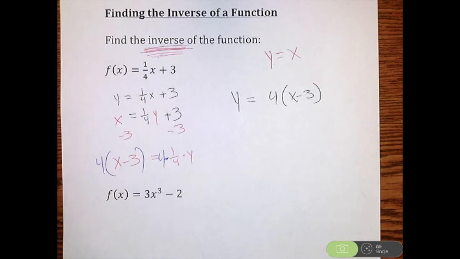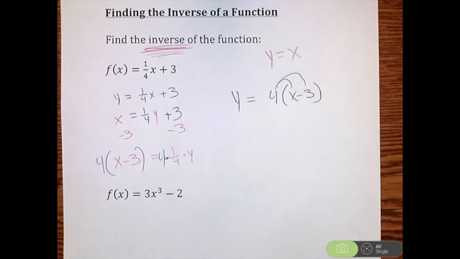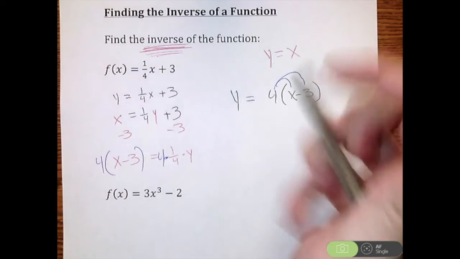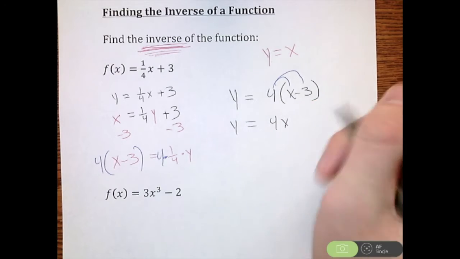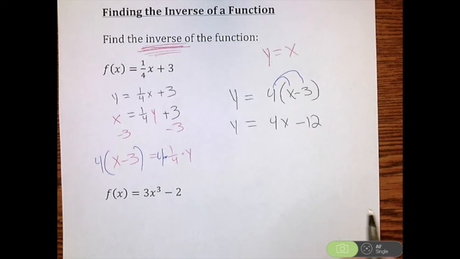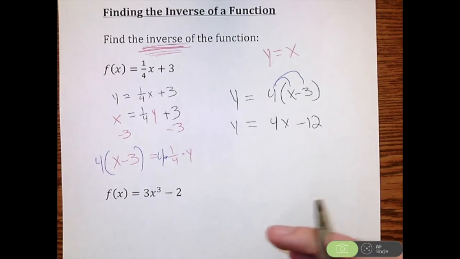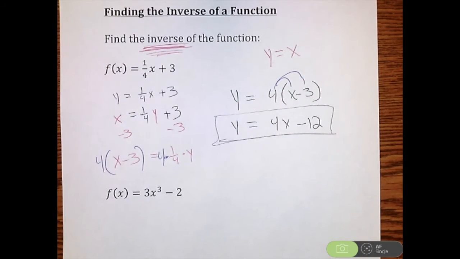The only thing left to do is simplify a little further, so I'm going to distribute the 4 on through. So I get y equals 4x, and 4 times -3 is -12. So y equals 4x minus 12, and that would be the inverse.